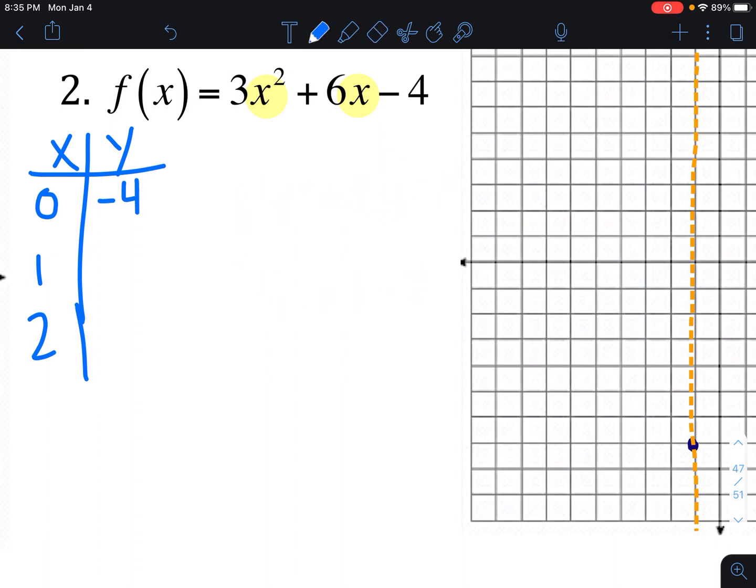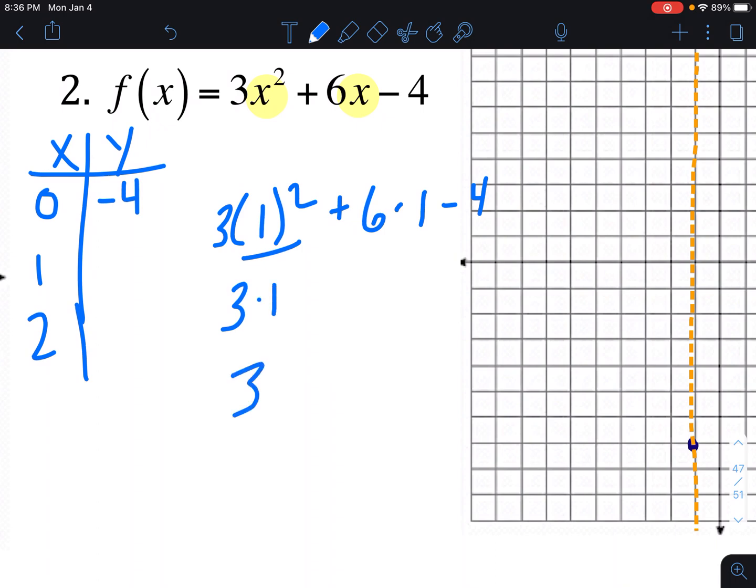And then plugging in the 1, that would be 3 times 1 squared, which is 1, so that's 3, plus 6 minus 4, so it'll be 9 minus 4, which is 5.